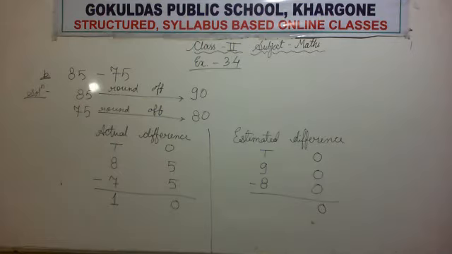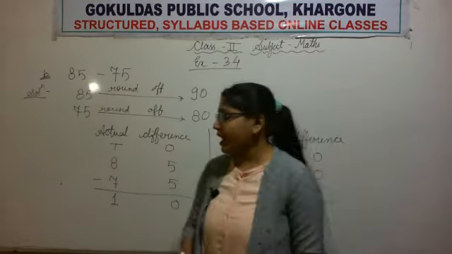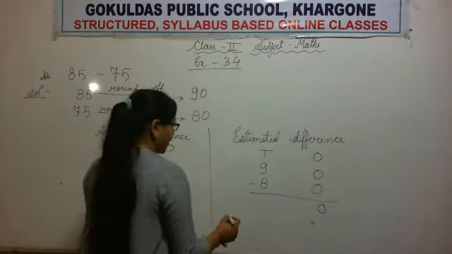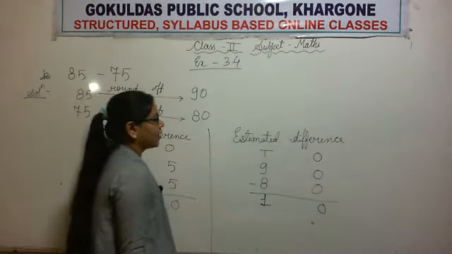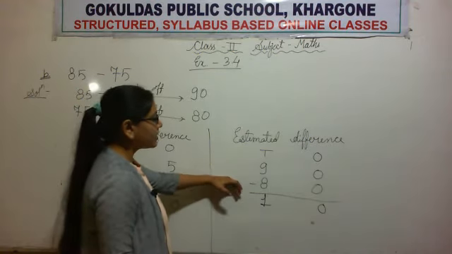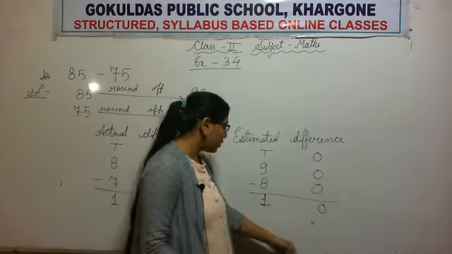Now count the remaining finger. How many fingers are left? Only one finger. Very good. So we will write the number 1. So 90 minus 80 is equal to 10.